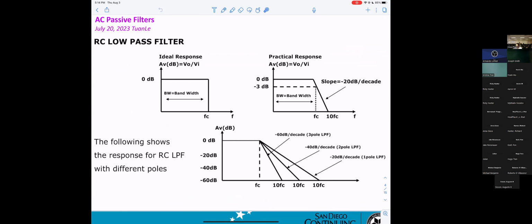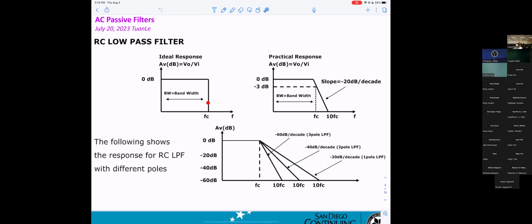Okay, this is the gain, and this is the frequency domain range. That means they vary with the frequency. So the bandwidth of the signal for low-pass filter is from 0 up to cutoff frequency.